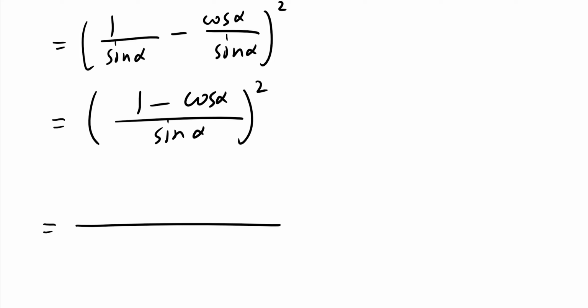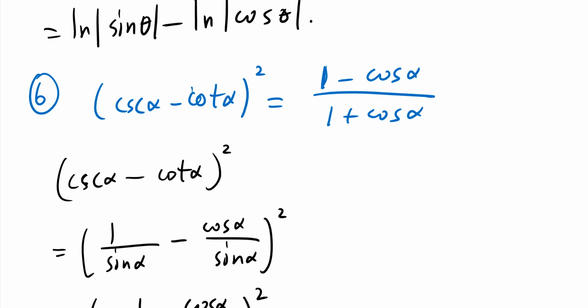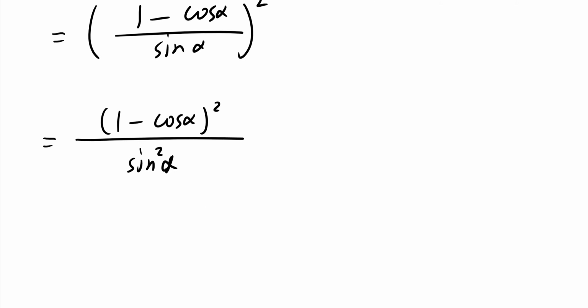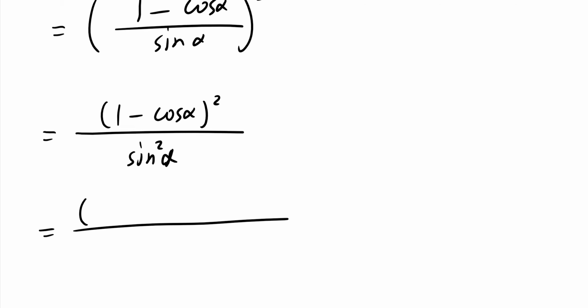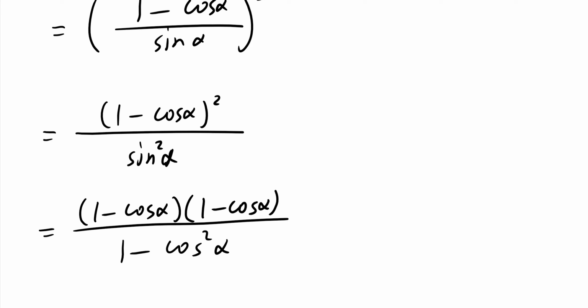So if I want to square this, I'm going to do the squaring of the top over squaring of the bottom, like so. I'm not going to expand because if you look on the answer, I need 1 minus cosine. So from here, I can write the top as 1 minus cosine alpha times 1 minus cosine alpha. The denominator sine square, how do I convert sine into cosine? It's 1 minus cosine square alpha.